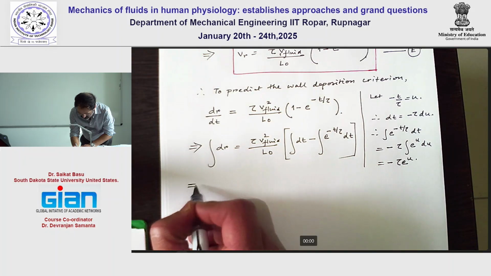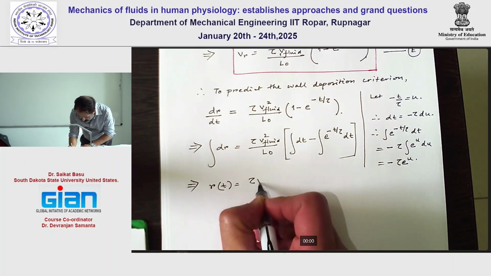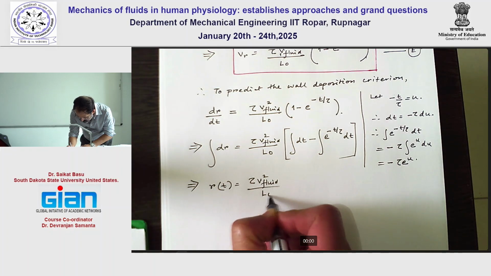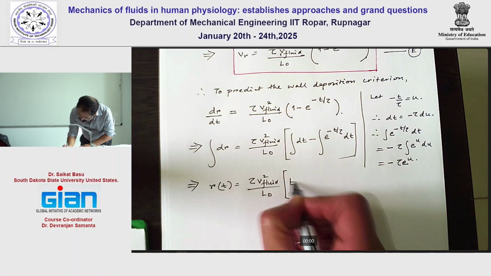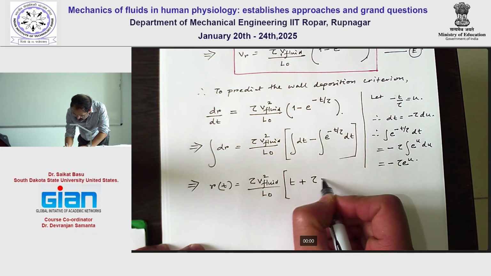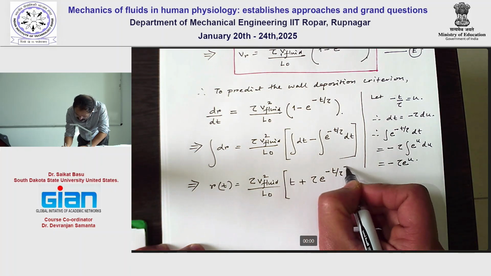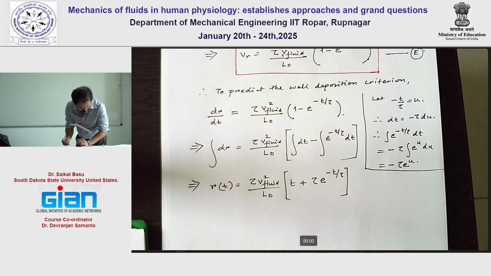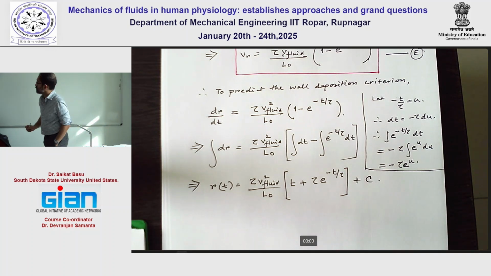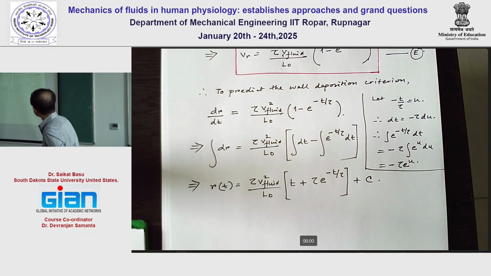And this becomes r as a function of t equals tau v fluid square over L naught t, and then this term, so plus tau e to the power of minus t over tau, right, plus some constant c. Let me know if you see something that's wrong.